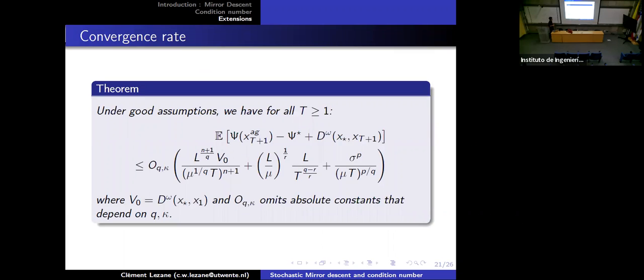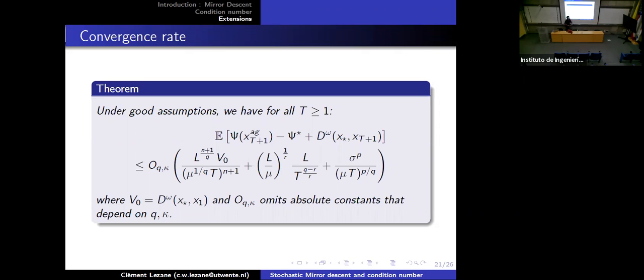And then we have some theoretical results about the convergence rate. Here the idea is very similar. For the expectation rate, you have the initial error here, and here the variance term, but you also have a new term.